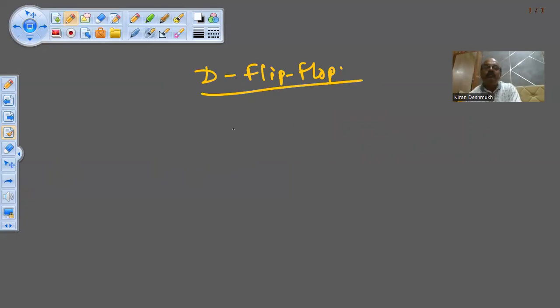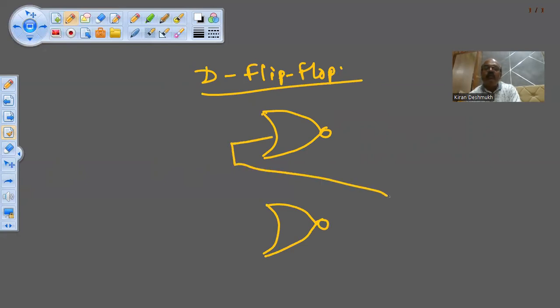Now, I can rearrange this RS flip-flop using NOR gate. Same circuit, except I have drawn in a different manner. This is the same circuit which I used in the last discussion.